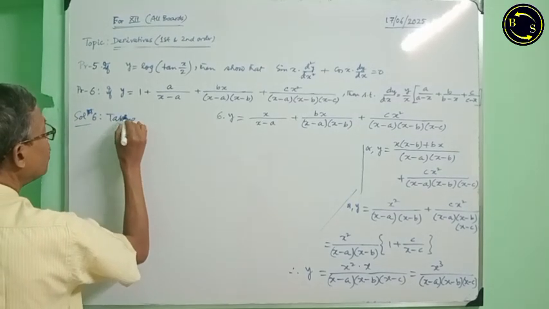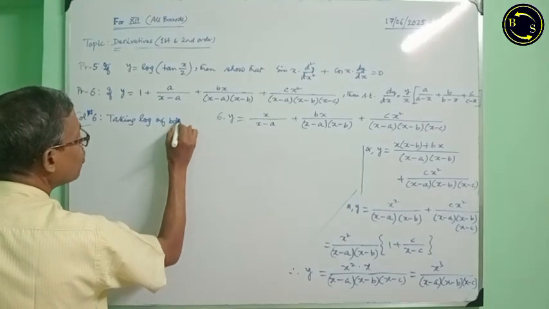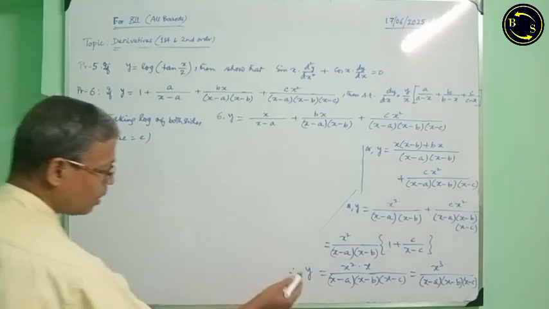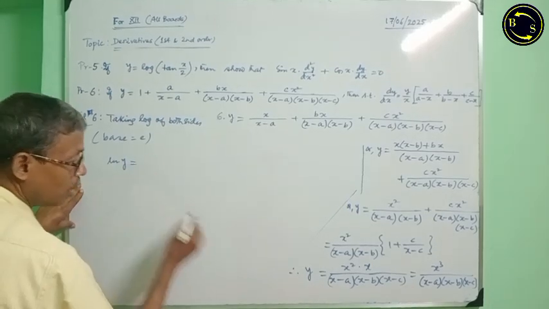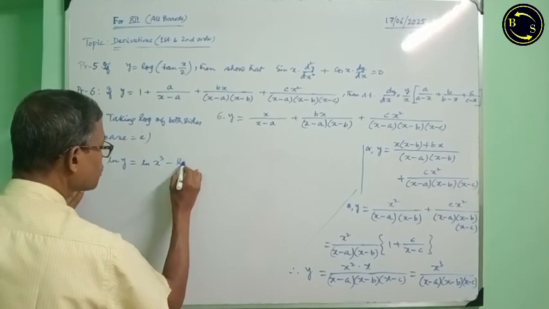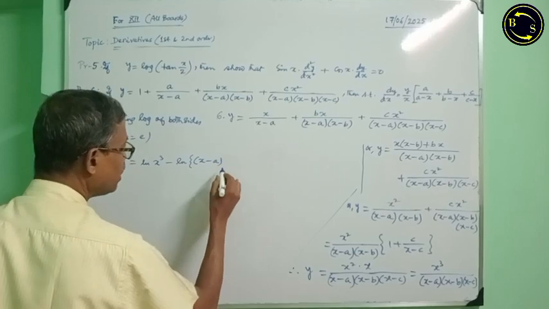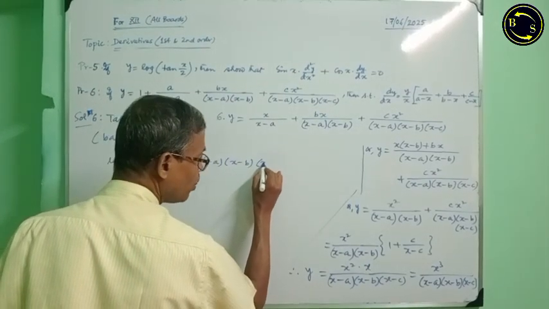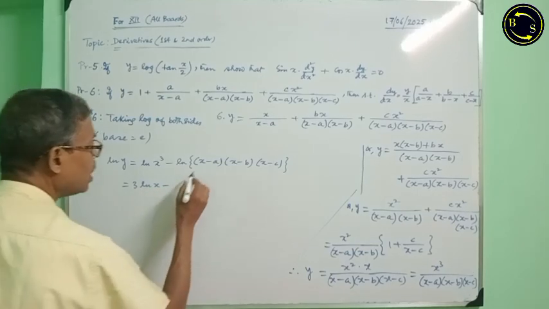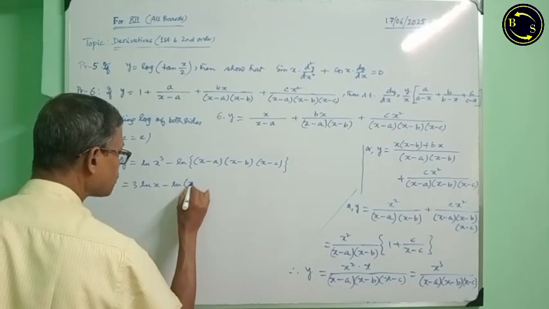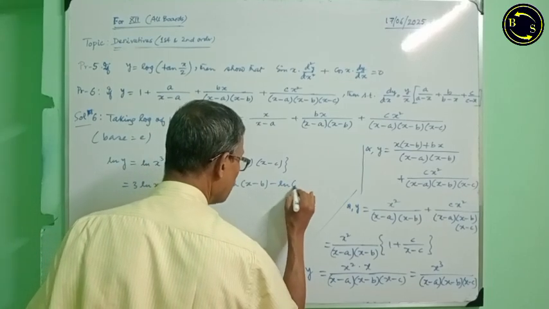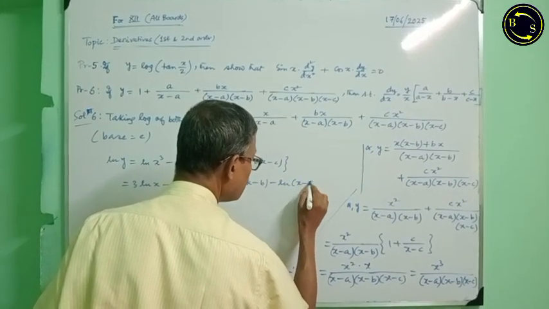Taking log of both sides base e, left hand side log y, right side u by v form, therefore log x cube minus log of x minus a into x minus b into x minus c, that is 3 log x minus the product, therefore log of x minus a minus log of x minus b minus log of x minus c.